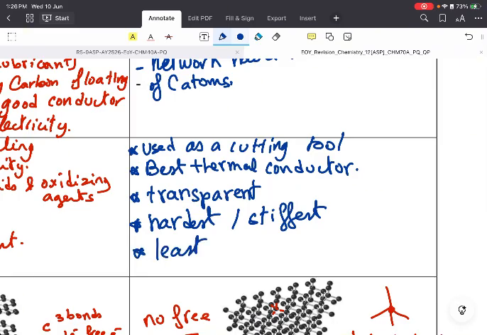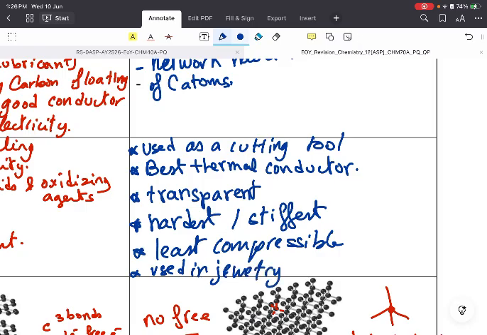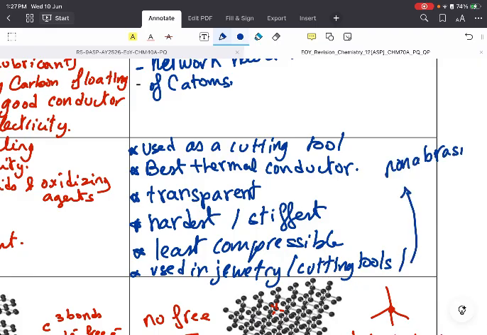It's not really compressible, least compressible. It is used in jewelry. And non-abrasive coatings. Cutting tools, and non-abrasive coatings.